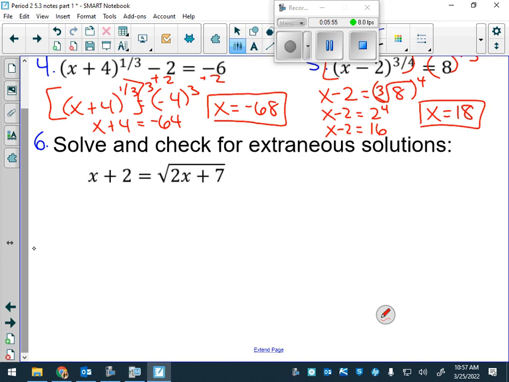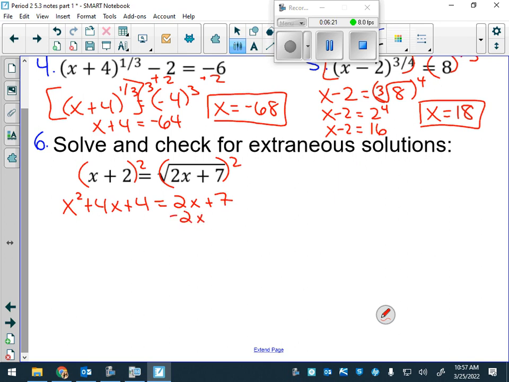Bianca, what are our 2 possible solutions before we check? -3 and 1. Which one worked? Just one. Excellent. So we square both sides. On the left-hand side, we have 2 of them. So we have x squared plus 4x plus 4 equals 2x plus 7.